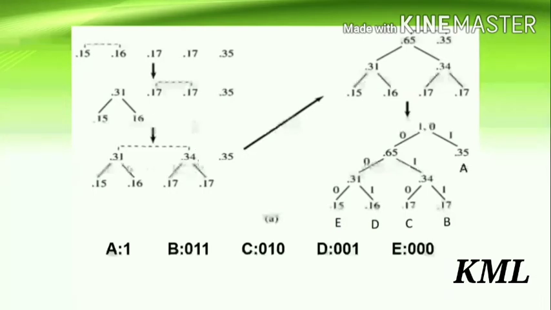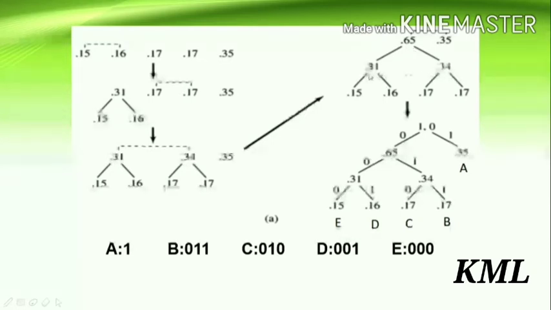So we get the new probabilities 0.31, 0.34 and 0.35. Next, take the two minimum probabilities from these three. We have 0.31 and 0.34 as the minimum. We combine them together and create a new parent taking the sum of these two probabilities.